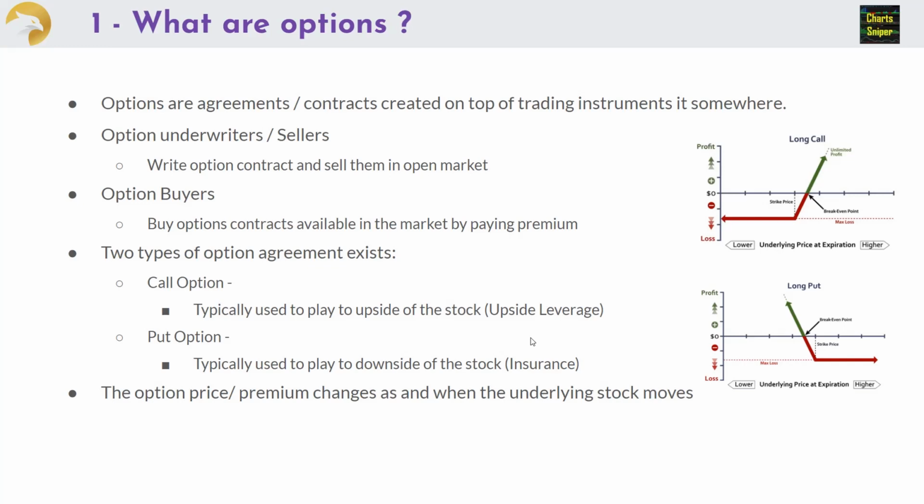The other type of option is a put option. A put option is mainly used synonymously with buying a hedge, or buying some insurance. It's like buying car insurance. There are insurance sellers like Progressive or Geico who sell insurance to us, and we pay a premium.